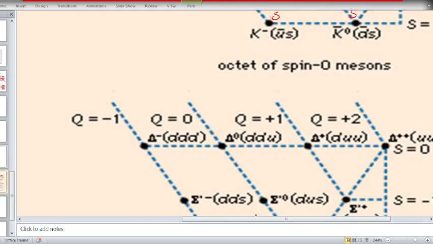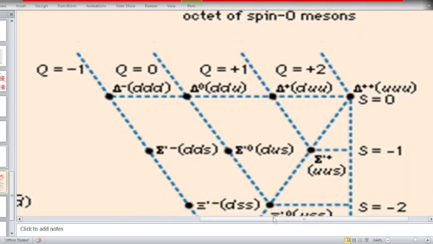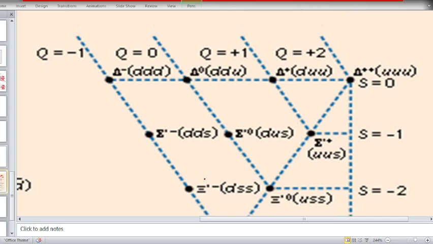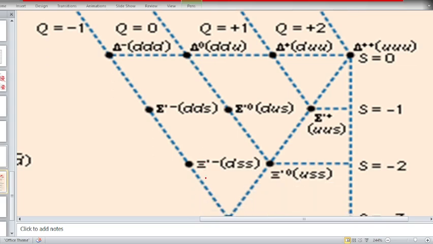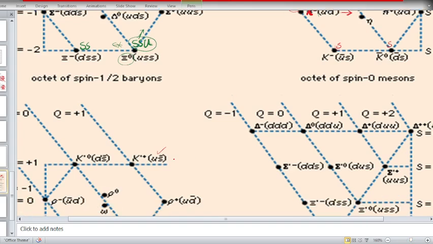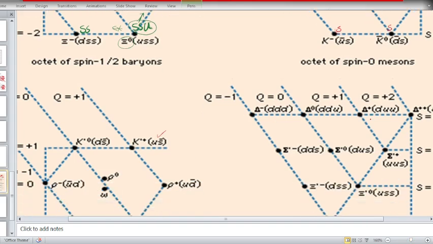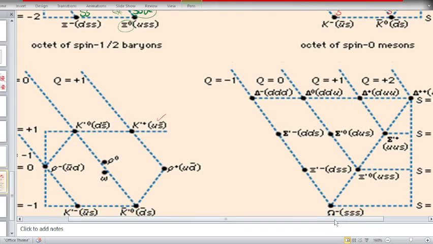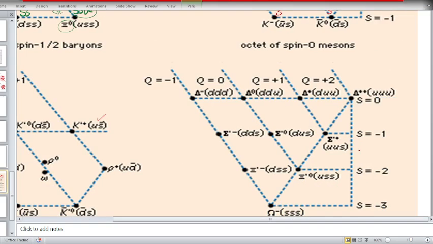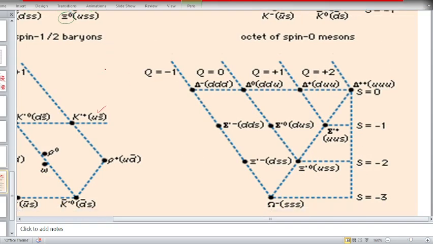Now let us consider the case of the baryonic decouplet. Now you consider the decouplet. This is a little bit different, but it is very simple.